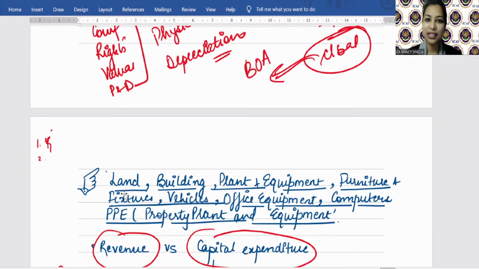So the third point is benefits, like the benefits derived out of the expenditure which are long term in nature. So the answer is again yes. And expenditure incurred that is going to minimize the cost of production. So this is the fourth point, cost of production wala. Expenditure that has an effect of minimizing the cost of production.